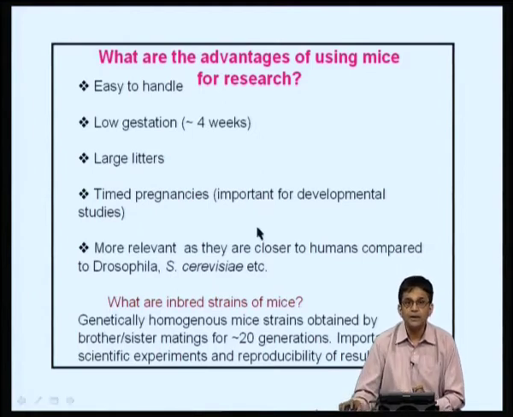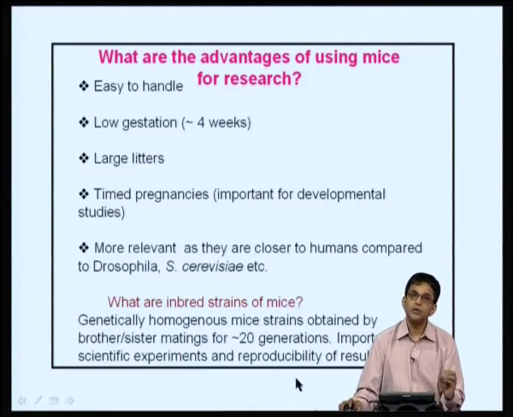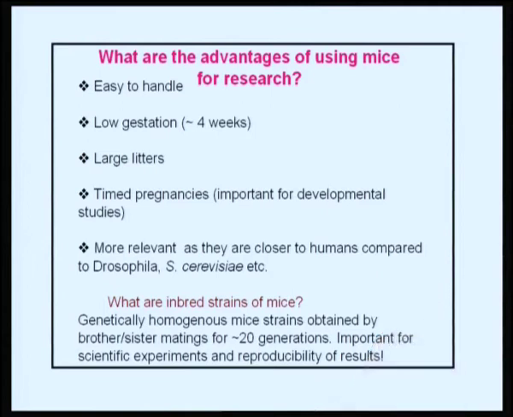This is important for scientific experiments and reproducibility of results. For example, if some experiment is done with a particular inbred strain of mice in Bangalore, the same results should be reproduced by that strain in Delhi or maybe abroad in the US or Great Britain, wherever studies are done. So this allows for reproducibility, as there are no differences within the genome of these mice.